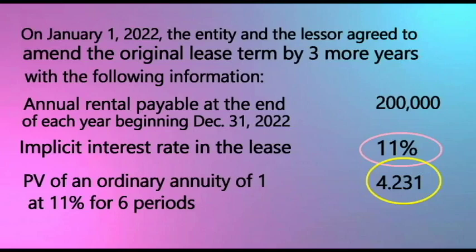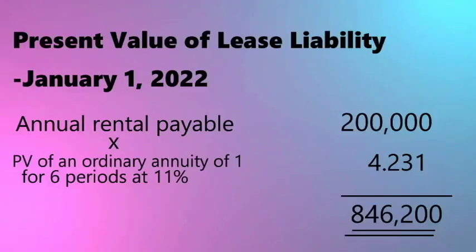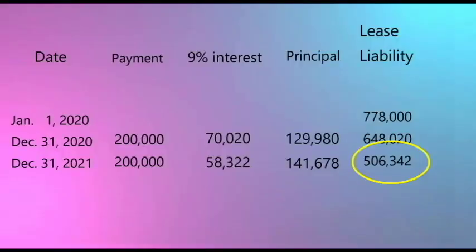Kaya, magbabago na rin yung present value of an ordinary annuity of 1 na ita-times natin sa 200,000. So, this is 4.231. So, 200,000 times 4.231 is equals to 846,200.